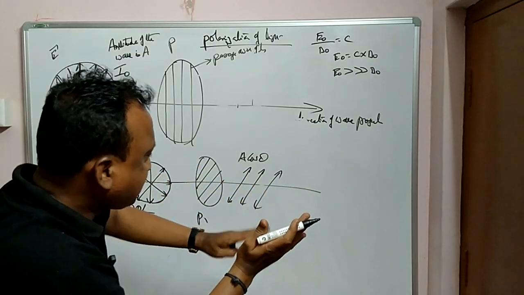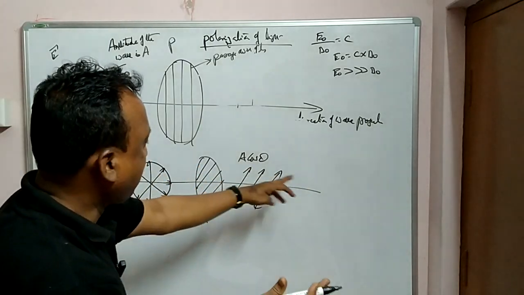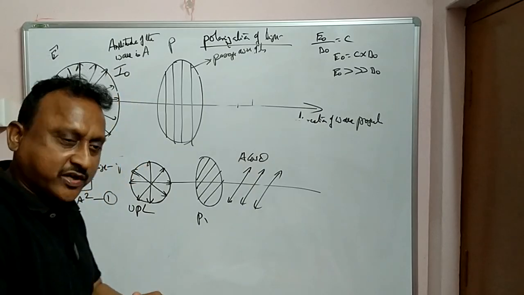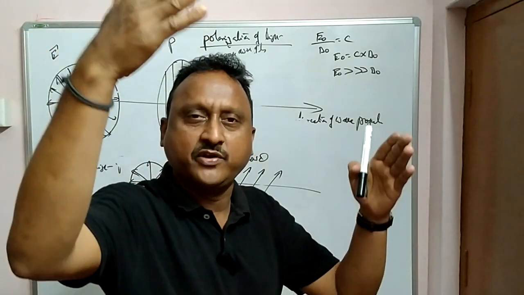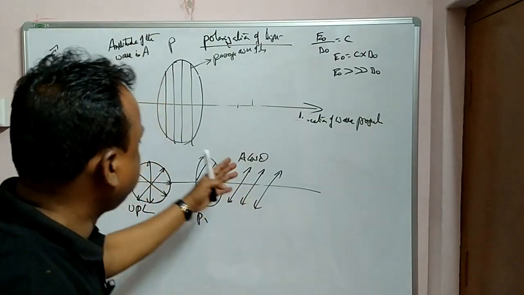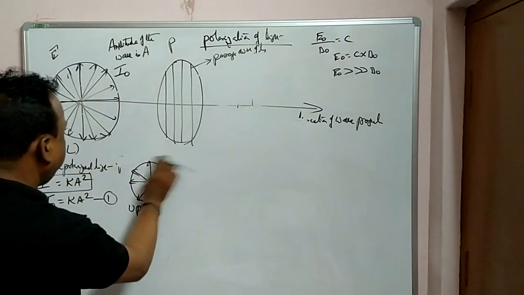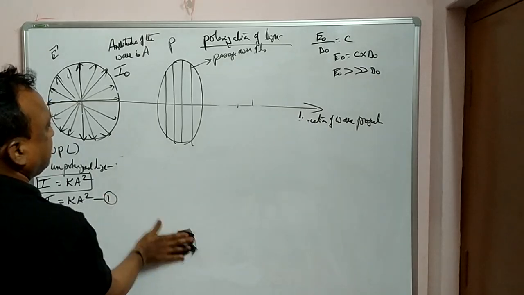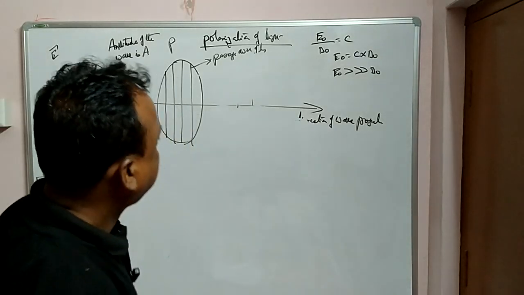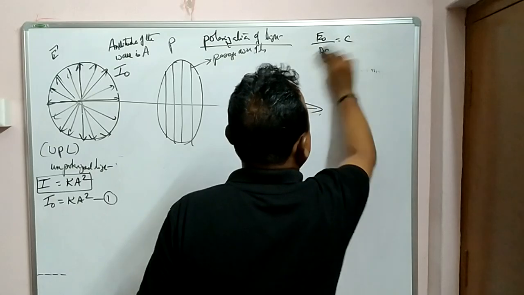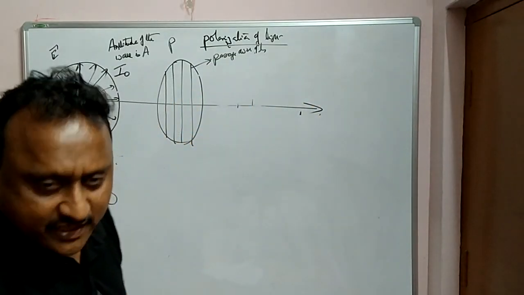So only those components, horizontal, A cos theta, will come outside. That means you can increase or decrease the value of the intensity by using the polaroids P1 and P2. Even you can use two polaroids, first polaroid, second polaroid.